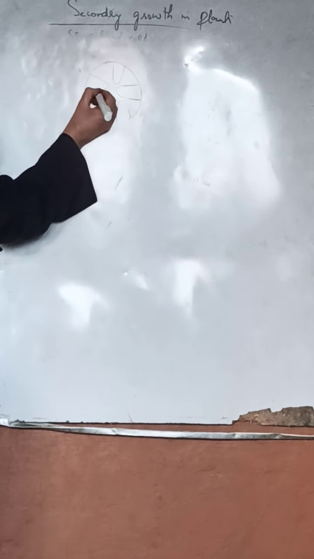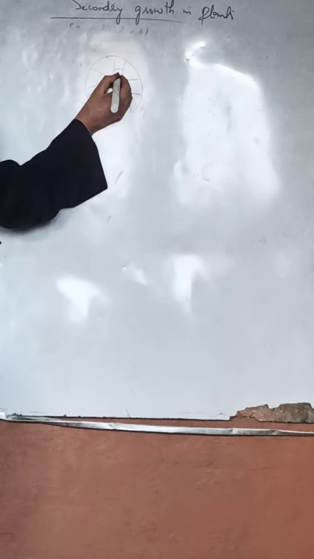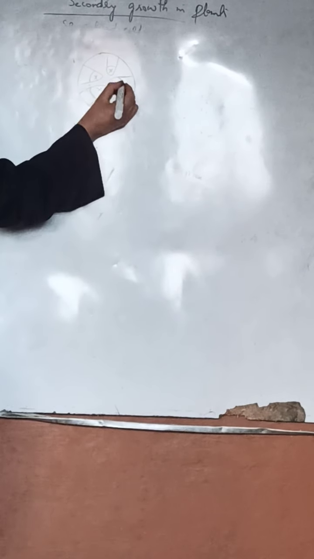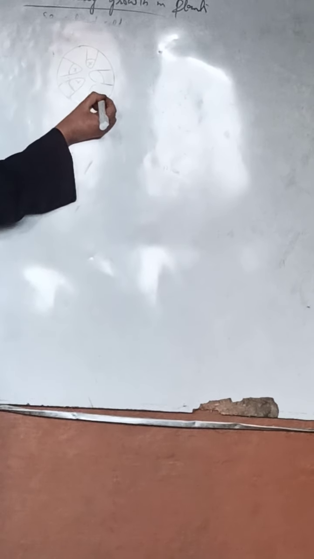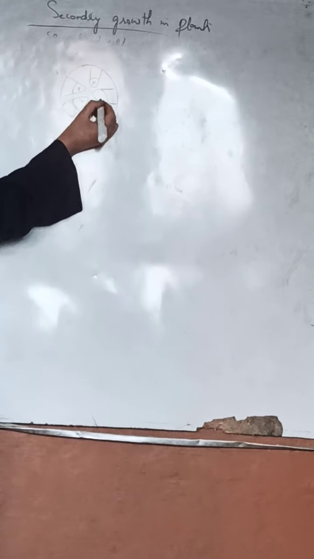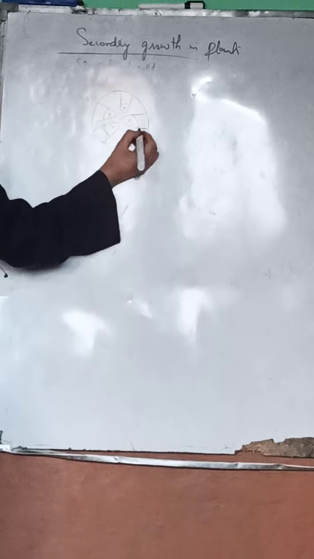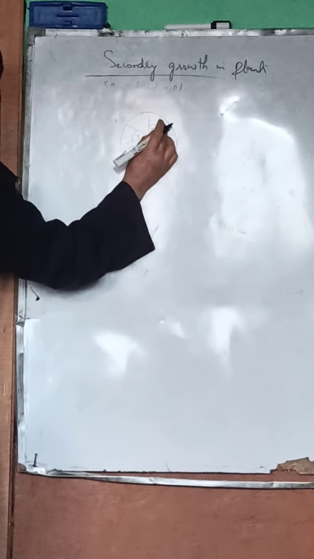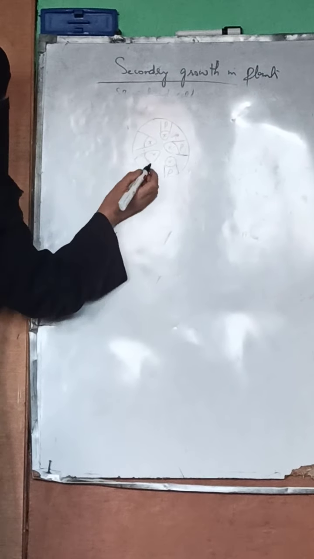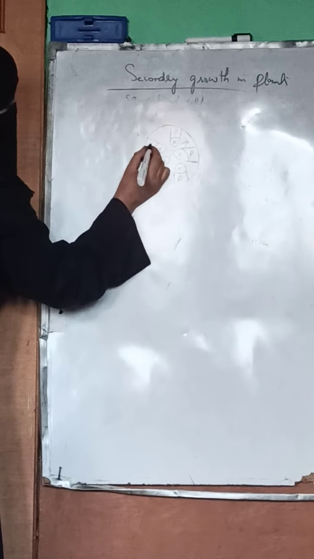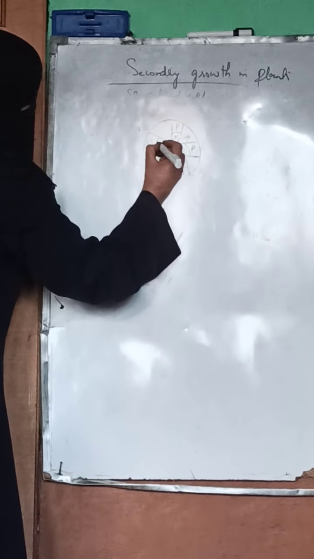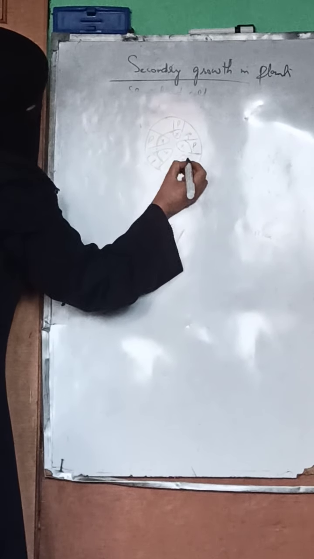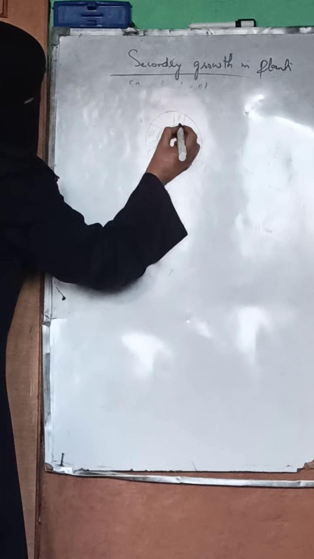This is xylem, and this is phloem, and this makes a ring-like structure.